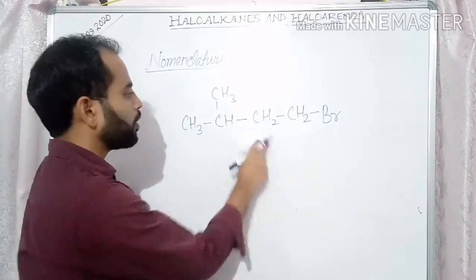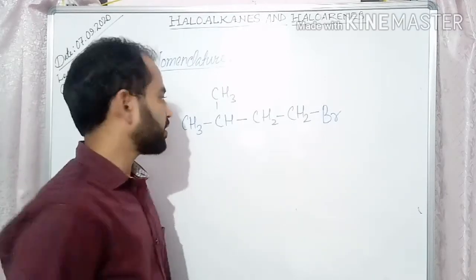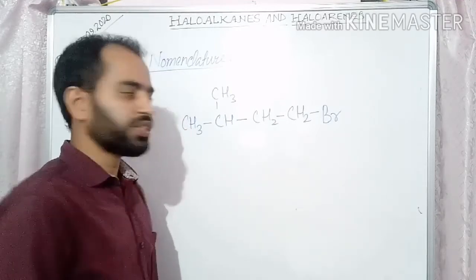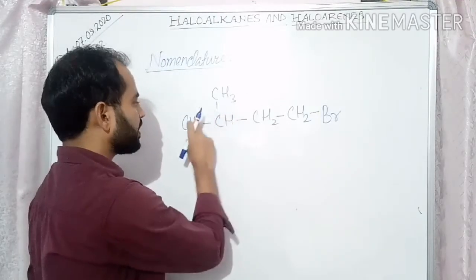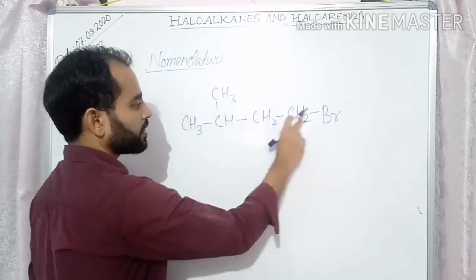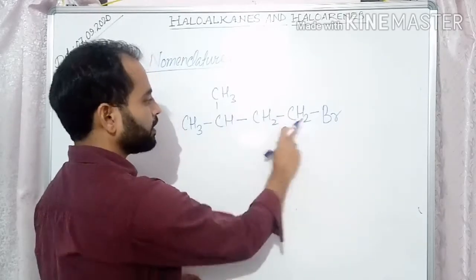Suppose this is a molecule. We have to name it in IUPAC nomenclature. So the first thing is to identify the longest chain. It is clear that if we go in this direction it is 1, 2, 3. If we go in this direction it is 1, 2, 3, 4. So this is the longest carbon chain.